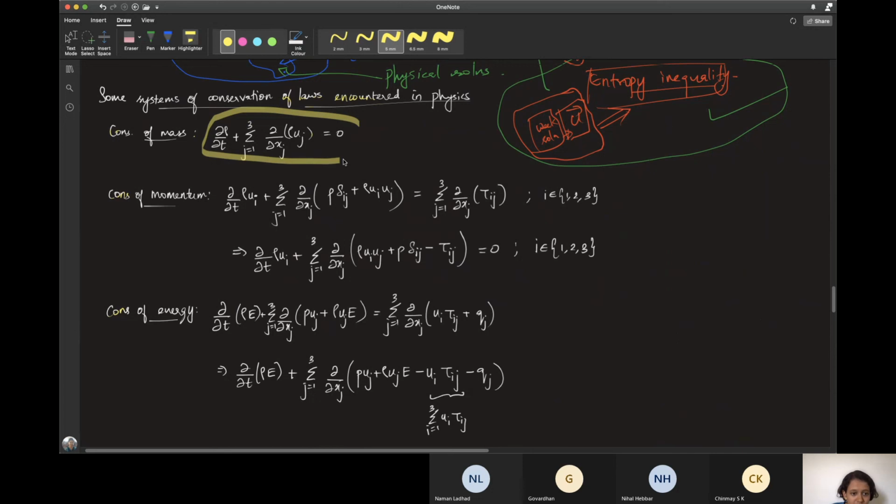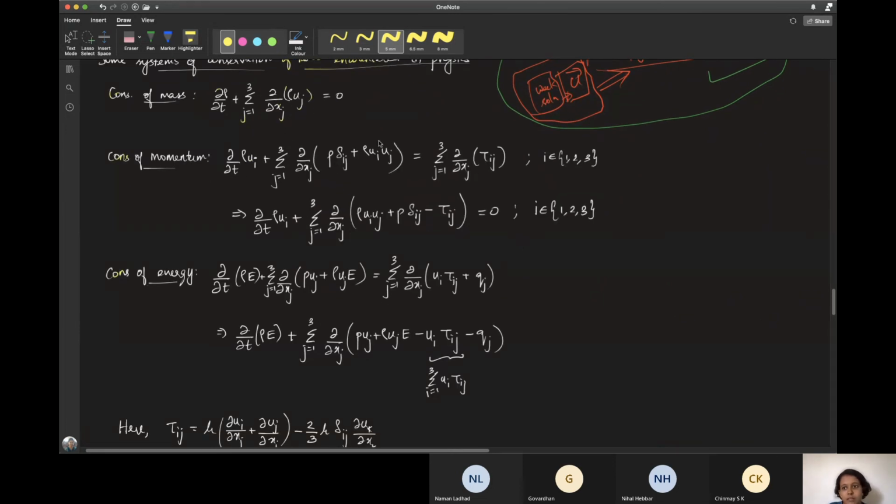Conservation of mass is just one equation in rho. Rho is the conserved variable, and rho u1, rho u2 and rho u3 are the fluxes in x1, x2 and x3 directions. That is what can be inferred from this equation. Next is the momentum equation, in which rho ui is the conserved variable.